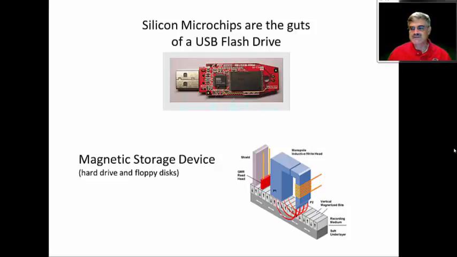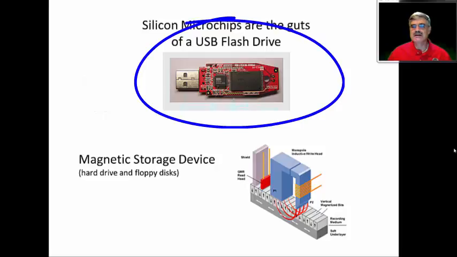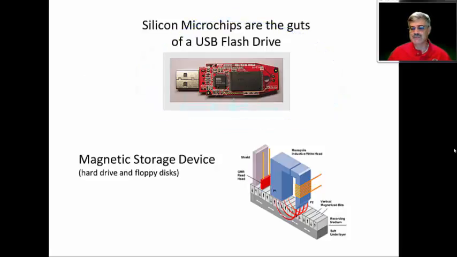Memory storage devices used in computers and related technologies generally fall into three categories: magnetic storage, optical storage, or solid-state storage. The first example shown here is a USB flash drive, which is a solid-state storage device utilizing silicon microchips.